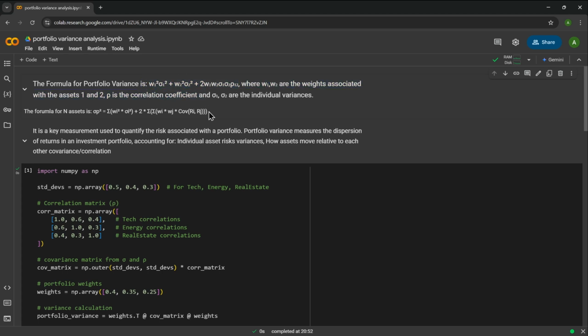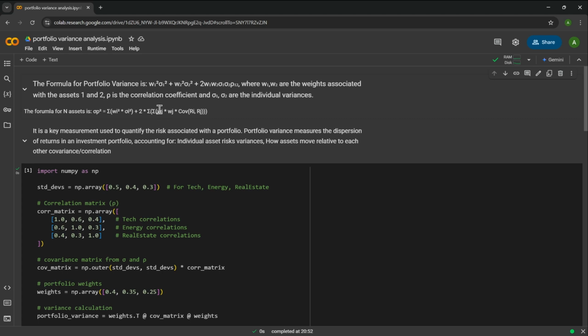But in an ideal scenario, we won't have just two assets. We'll have n assets, right? And when we have n assets, we can calculate the portfolio variance with the formula that I have pointed out here. It is essentially the summation of the weight and sigma, the individual variance, whole squared, plus 2 times the summation over every pairwise weight along with its covariance. So W_i W_j, right?